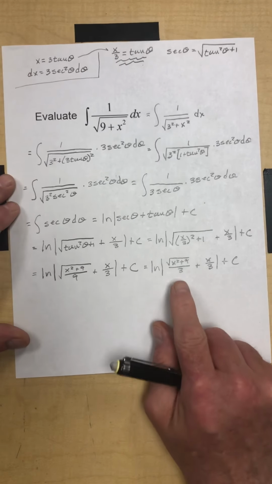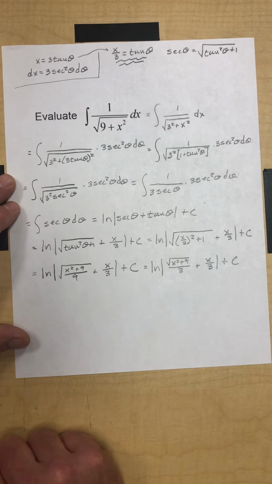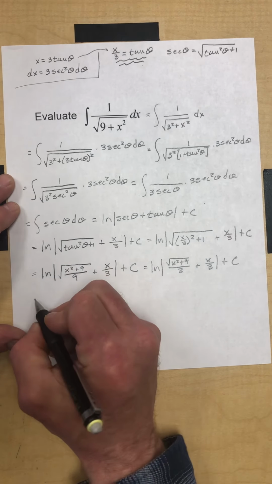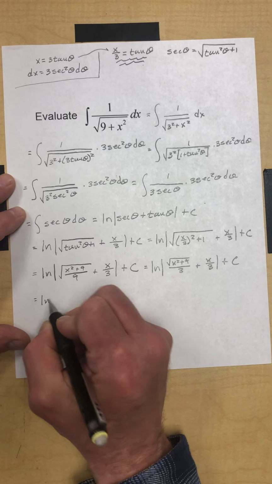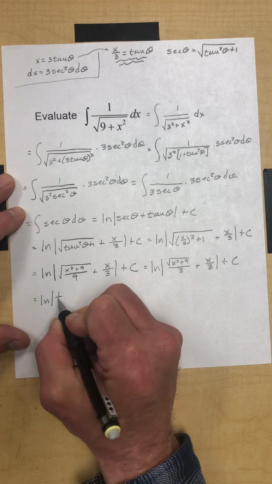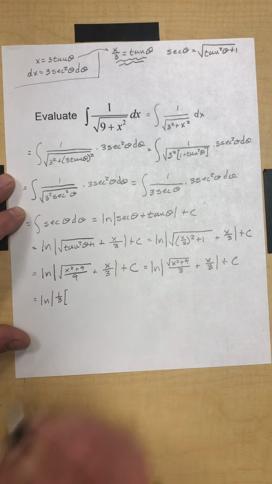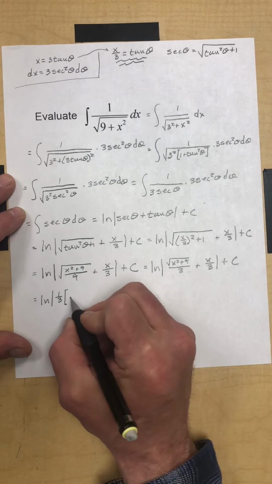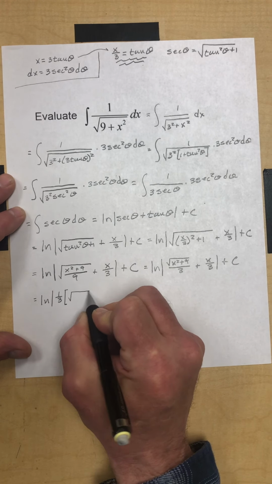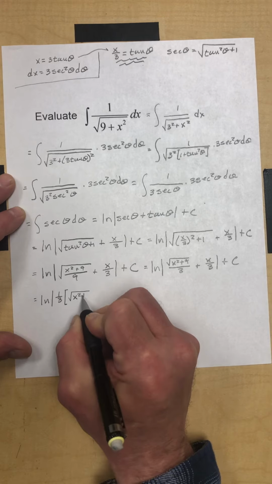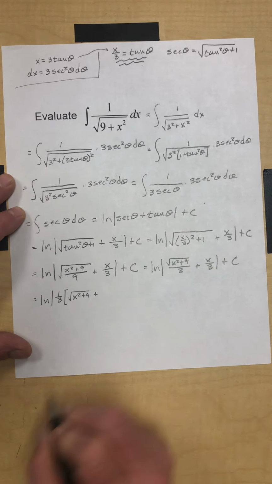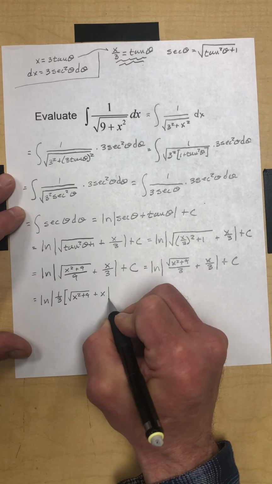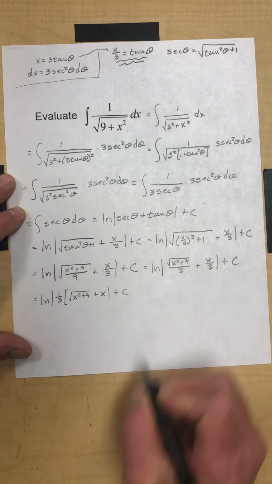Now notice that I have a common factor of 1/3 here that I can pull away. I like this because when I pull it away, I can use a property of logarithms. I'd be left with the square root of x squared plus 9 plus x, plus this c.